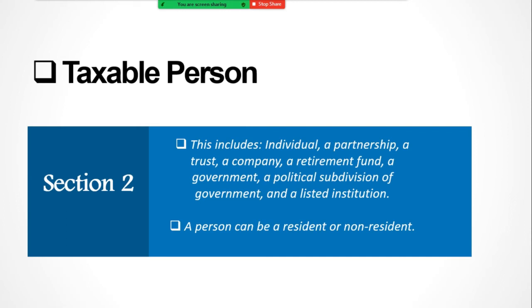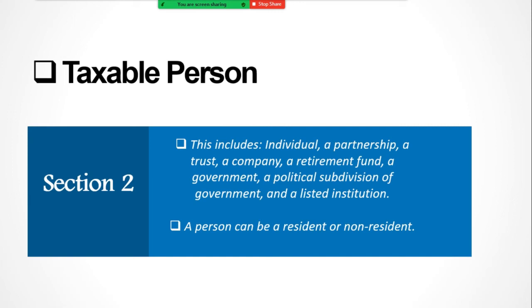Now, the key term we have here is taxable person. When we talk about a person, in our own understanding, as I mentioned, we would ordinarily refer to a normal or ordinary human being. Now, when we talk about a person in the context of taxation, we are referring to a number of entities.